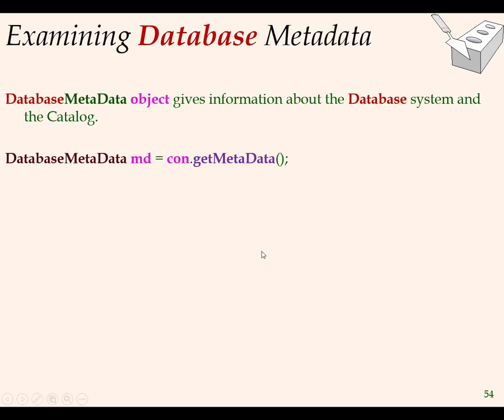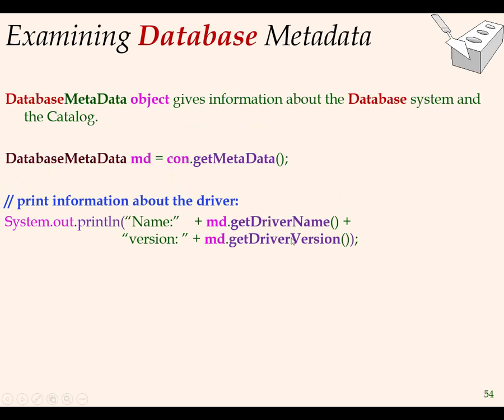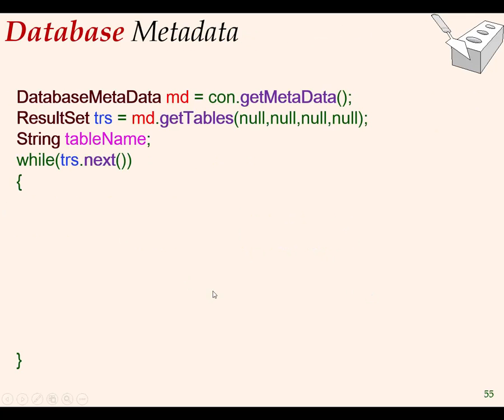Another thing I can do is extract the database metadata. JDBC has a method getMetaData, and I can get the driver name and the driver version. I can actually get information about my tables.